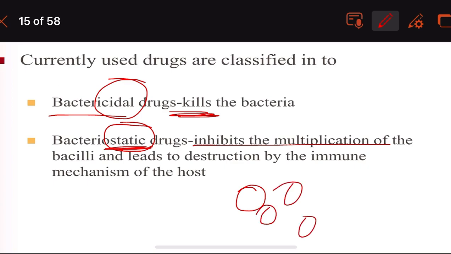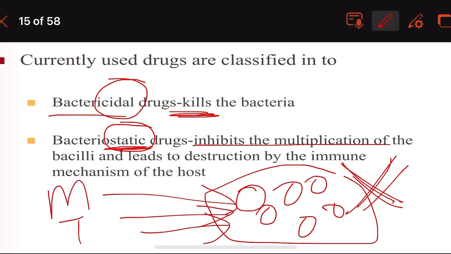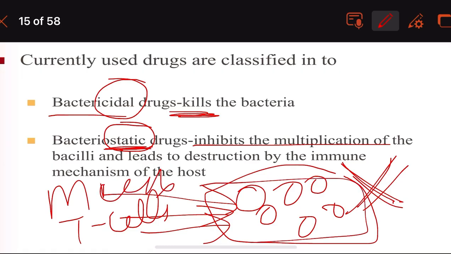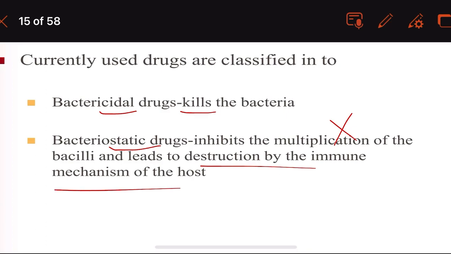They were multiplying continuously, so it will inhibit the multiplication of the bacilli. Then once the multiplication is inhibited, further destruction of the bacteria occurs by the immune mechanism of the host.